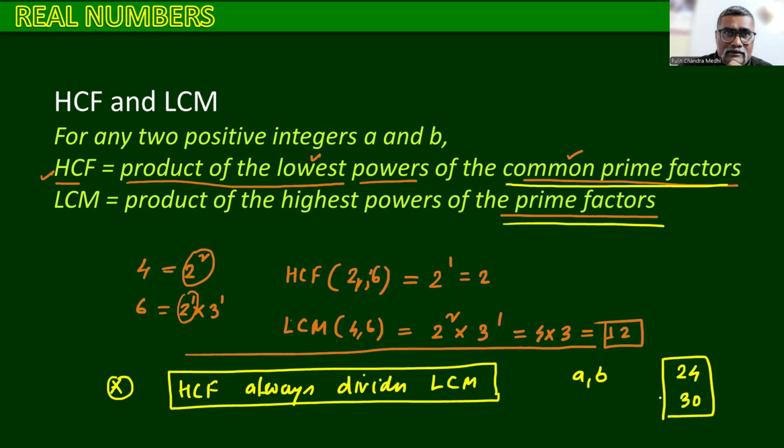Can it be possible? Just random observation might say, okay, why can't it be possible? It can be, but it is not possible actually. Why? Because whatever factors are coming here should necessarily be factors of LCM. But you can see 24 doesn't divide 30. So this is not possible.